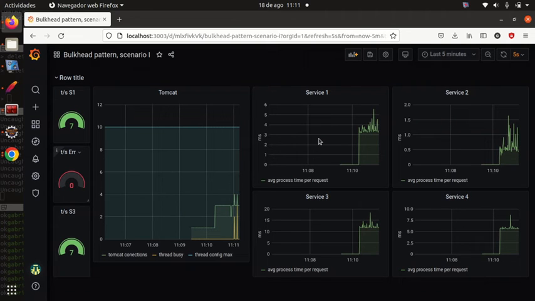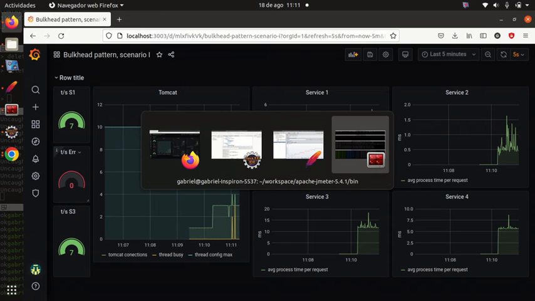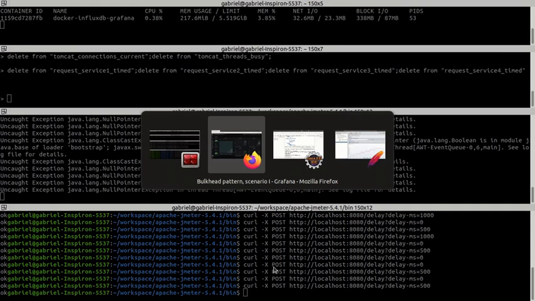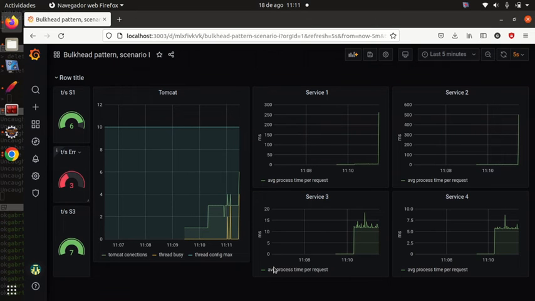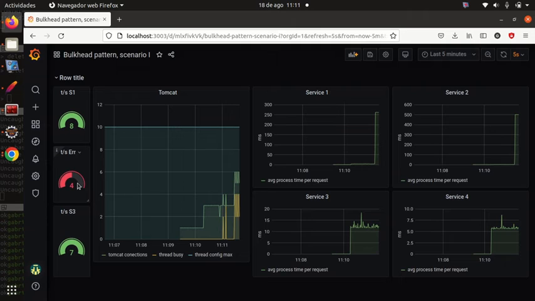Okay, this is the same scenario as we saw before. So let's put some water in our ship. Let's start with 500 milliseconds. Let's see what happened. Now we can see that the Bulkhead rejected some transactions. In this case, 6 out of 10 transactions were rejected. 4 out of 8 transactions were rejected.